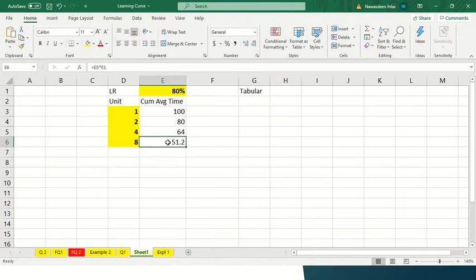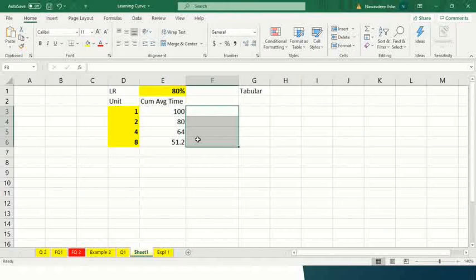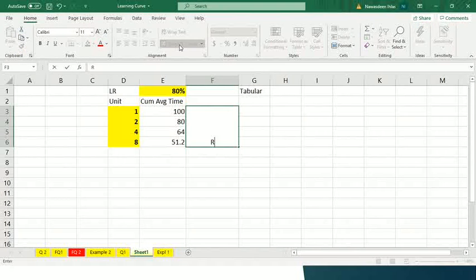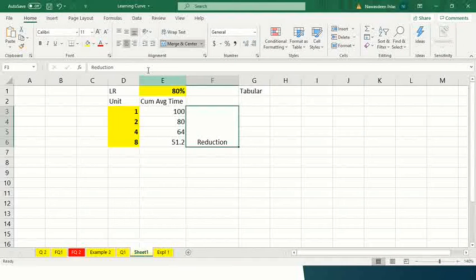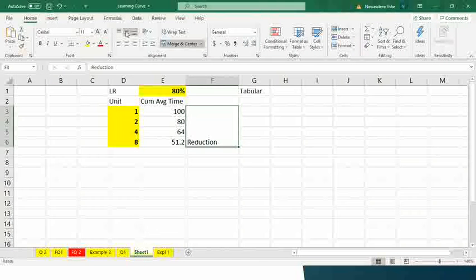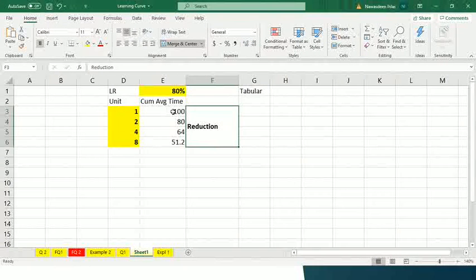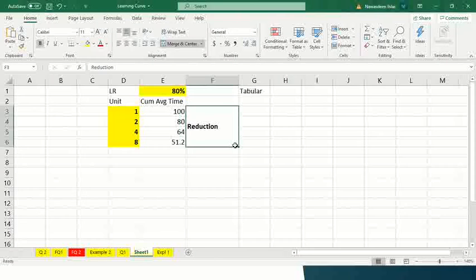If you are producing 8 units, you can produce 1 unit in 51.2 minutes, which means if your output is increasing, your time consumption will be reduced. Why is this time reduction there? Because of the learning curve impact.